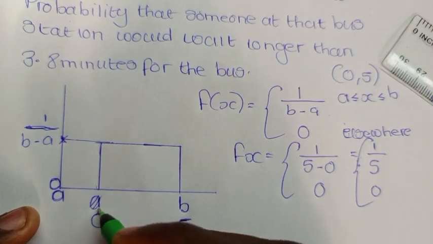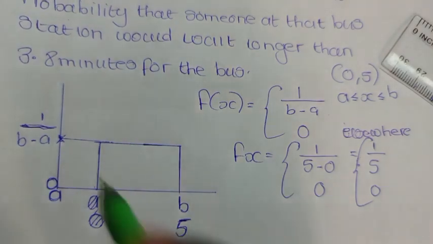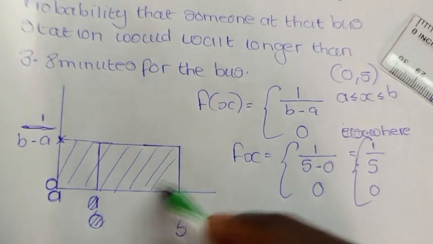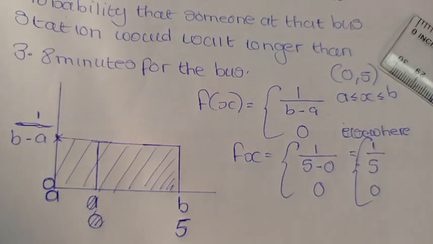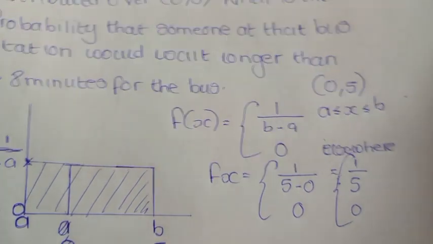So this is the area we'll try to find. Remember, when we are governed by two parameters, they always take us to what is referred to as the integral. So we go back to calculus a bit.